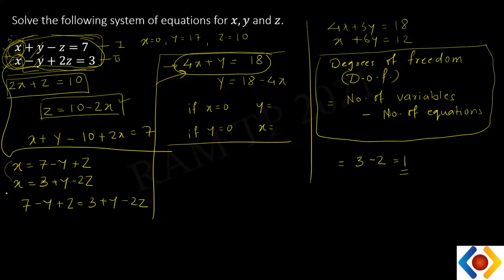This is something I was just trying to show: if we find x in terms of y and z, and then equate them, we end up with just one equation with two variables. If you really want to solve this, you will have to assume the value of any one variable. Maybe you can assume x, y, or z.